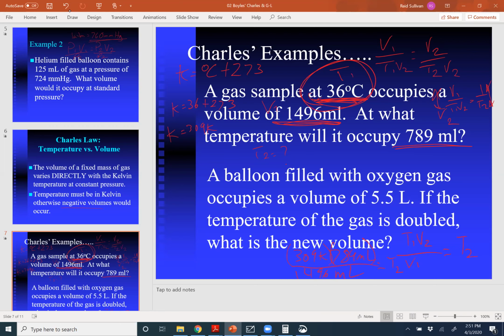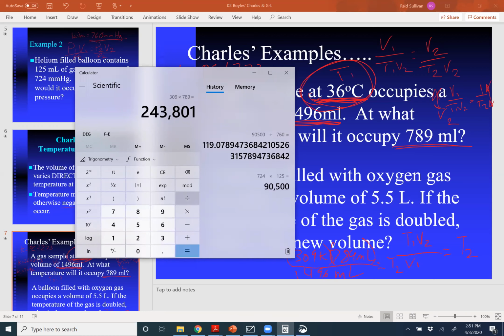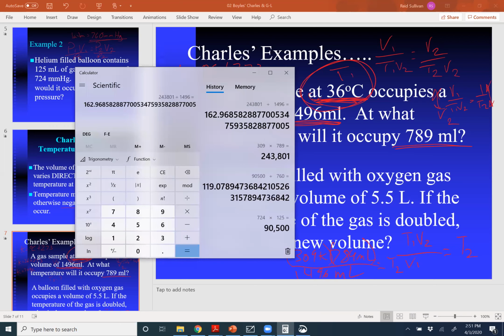And that answer that they got is, well, let's do it in our calculator. We got 309 times 789, and then divide that by 1496. And you'll notice that our original temperature of 309, because we halved our volume about, we're going to have about half that temperature here.